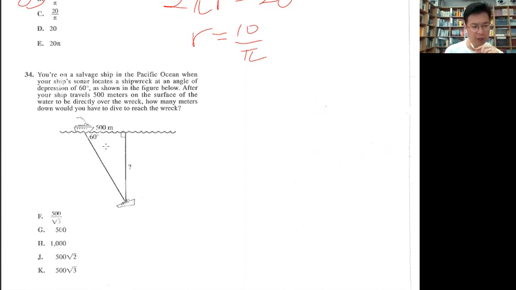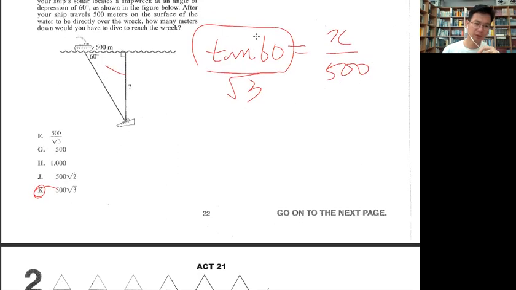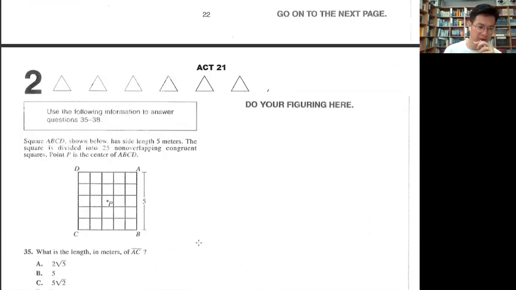So from here, opposite and adjacent, tangent 60 is opposite x over adjacent, SOH CAH TOA. So tangent 60 is root 3. So 500. If you don't know, you just put it in the calculator and run it, and then you can actually compare these.